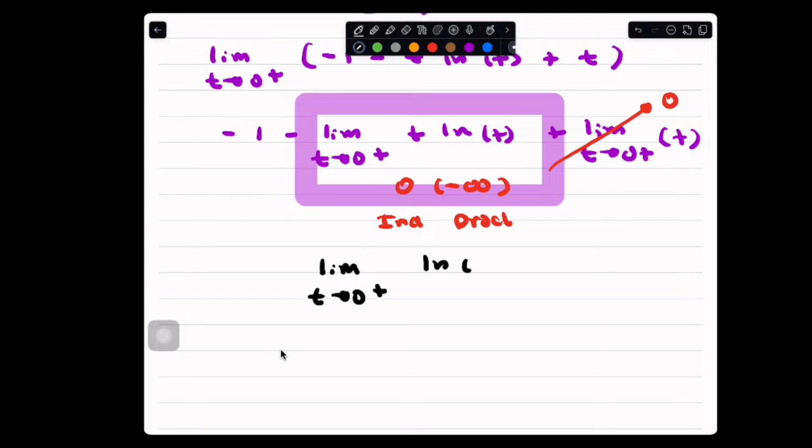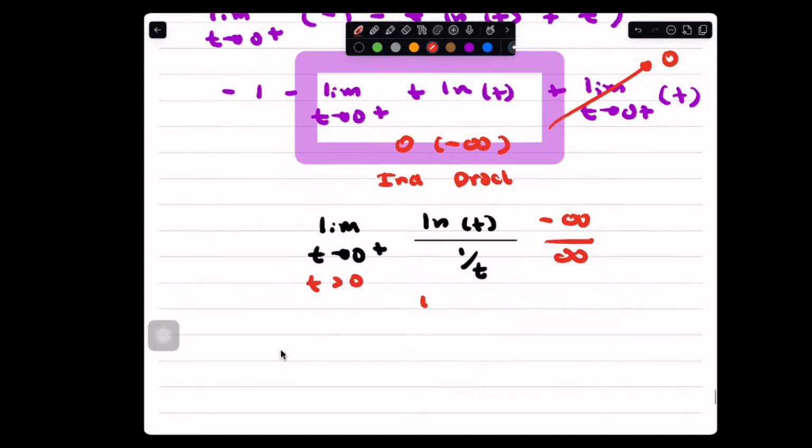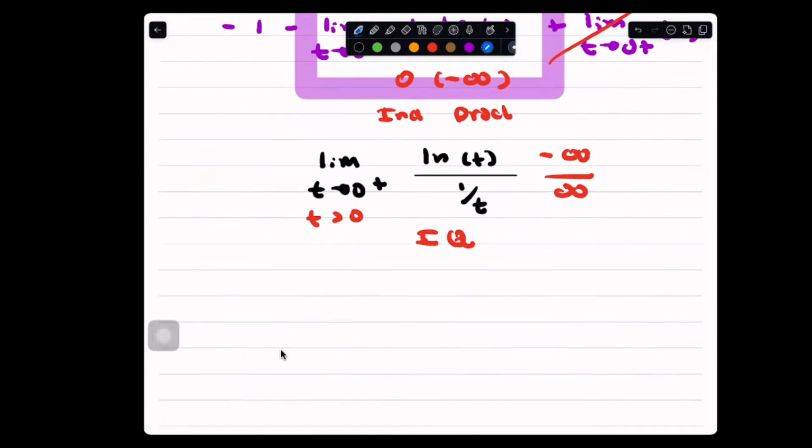I'm going to write this product as a quotient where the first function is actually the reciprocal. And what you'll see is you get negative infinity, and again, t is positive, and that'll be over positive infinity. This is an indeterminate quotient in which we use L'Hopital's rule.